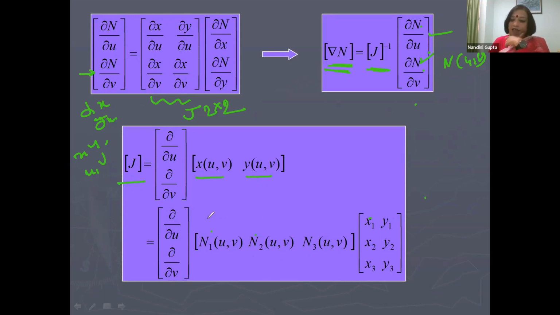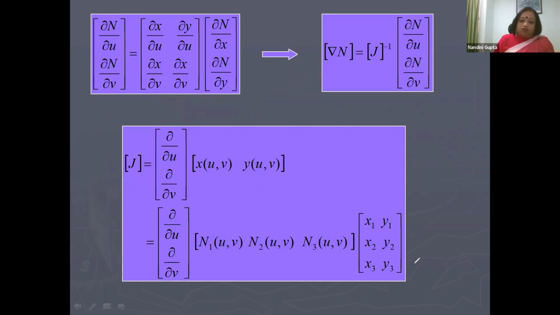So I am writing everything in terms of matrices. I have del del u, del del v, and N1, N2, N3. This is your shape function matrix, and this is your coordinate matrix, which has the coordinates of the 3 points of the triangle, x1, y1, x2, y2, and x3, y3. Is this clear to everybody? This is just algebraic manipulation. We are doing exactly what we did for one dimension.